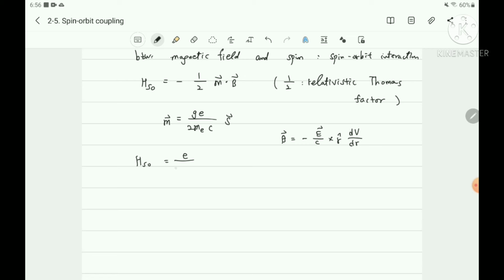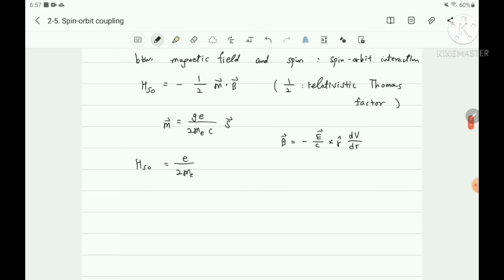Therefore it is e over 2 m_e, not m_e squared, times S dot B. Here B is one over c squared, dV/dr, and r direction cross v.